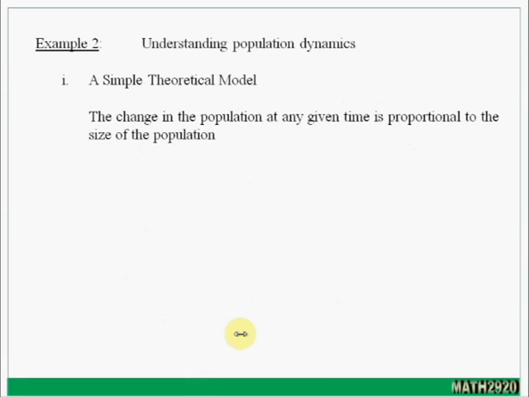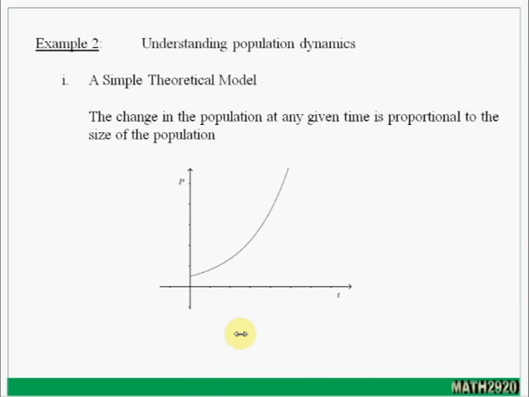And those of you who have done any calculus would recognise that this gives rise to a differential equation, which is very easy to solve. And the solution of that differential equation, in fact, gives us a graph, and it says that the population would grow exponentially with time. So if there are no other factors involved, the population will grow exponentially.